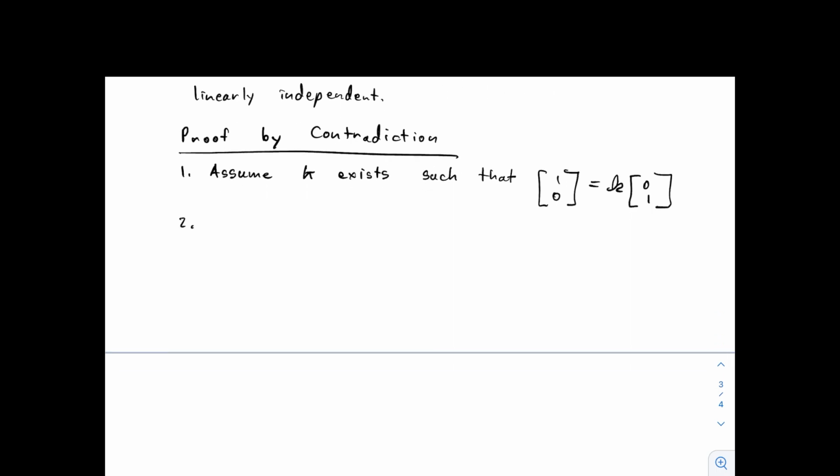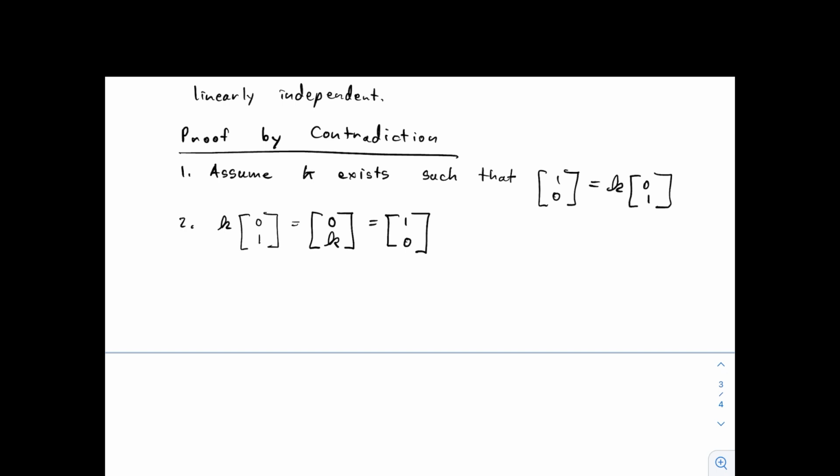Step 2, as we did previously, we'll say that k times the vector (0, 1) can be expressed as 0 in the first component and k in the second component. And by our starting assumption, we're going to set this equal to the vector (1, 0).